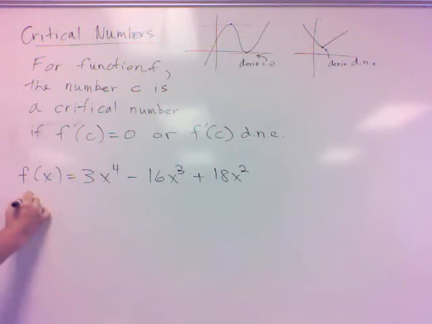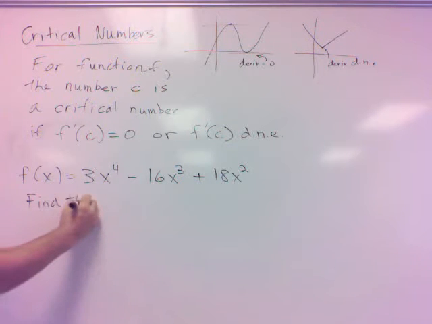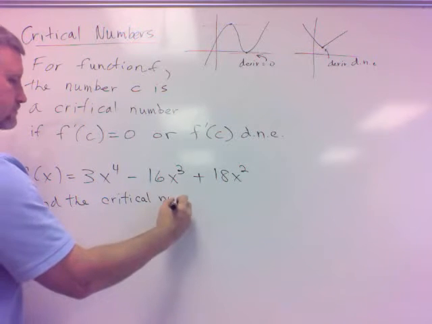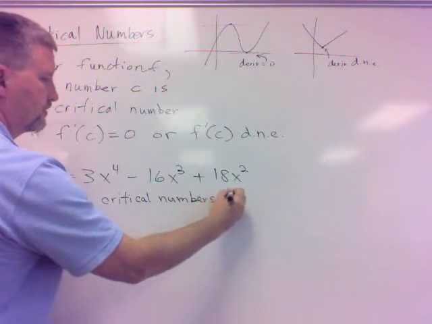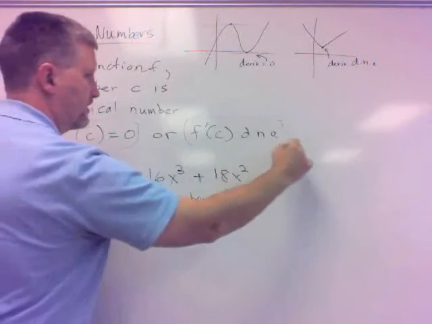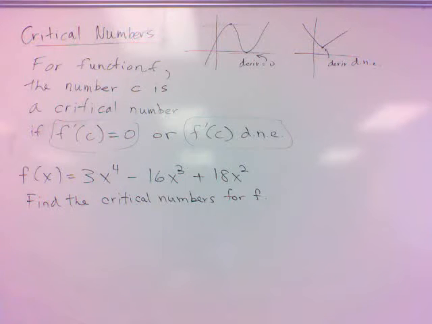Find the critical numbers for f. Well, to find the critical numbers, it's where the derivative is 0 and where the derivative does not exist. So what's the first step? Find the derivative, right? Because critical numbers are based on the derivative.